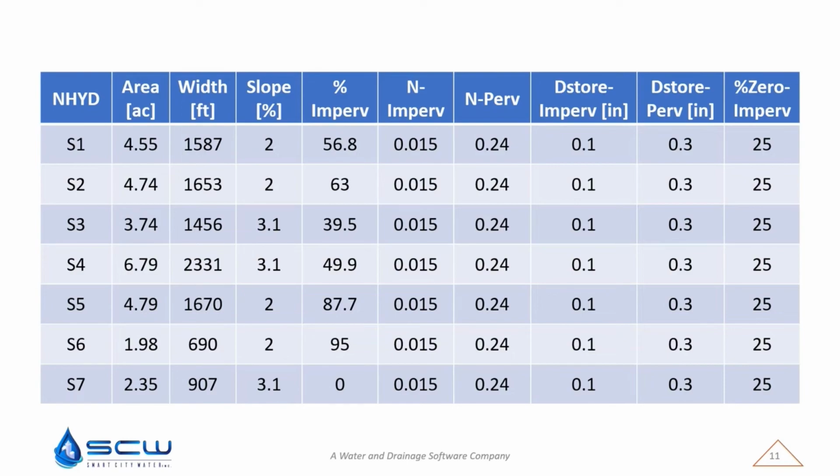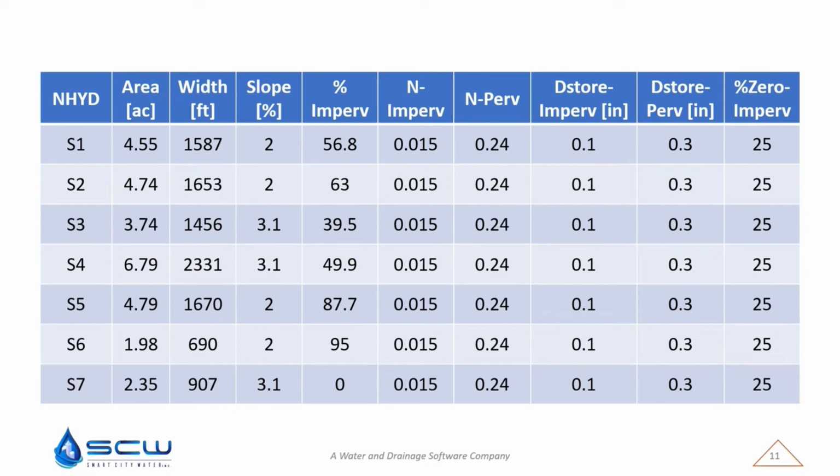And in order to better understand what is going to happen with different subcatchments, I came up with this table that shows the area of these different subcatchments, the width of them, which we already talked about. One of the parameters that we need for any type of modeling is the width of the subcatchment. One of the ways to calculate the width of the subcatchment is to divide the area by the length of the longest overland flow or overland route that we have.